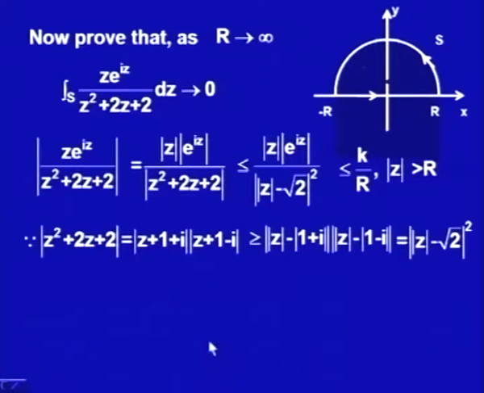So from here, if I use the ML inequality on this integral, the function is bounded by k by r on this semicircle of radius r.